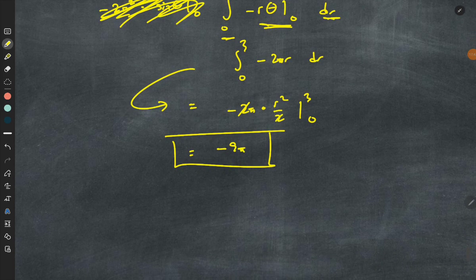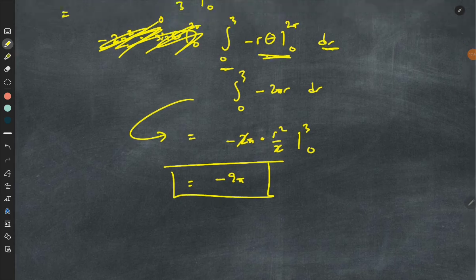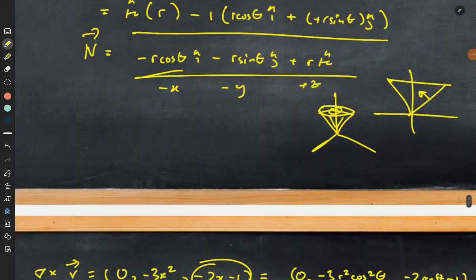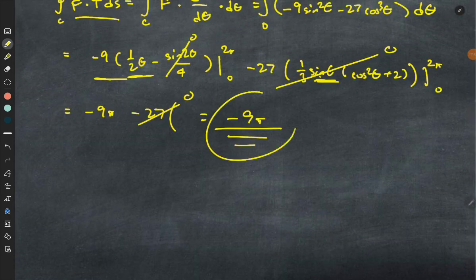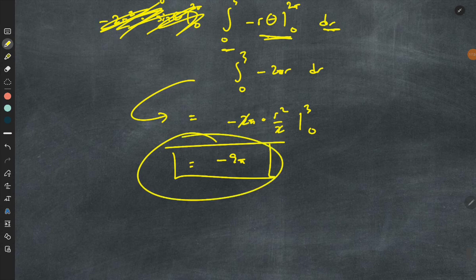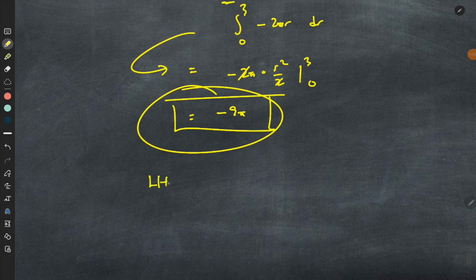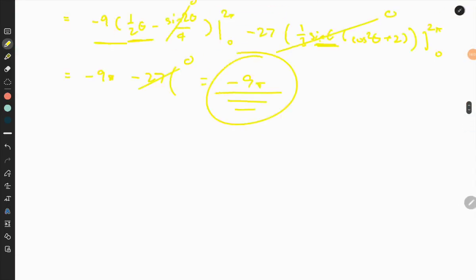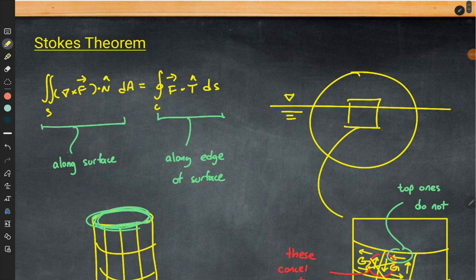So that's exactly what we got with the line integral before. That's what we got with the line integral, and this is what we got with the surface integral. That means the left-hand side is equal to the right-hand side for Stokes' theorem, meaning that we've successfully proven that it works.